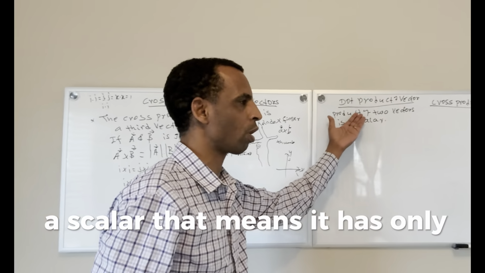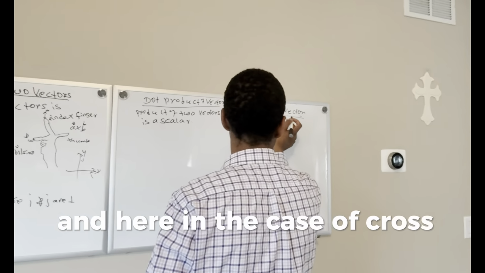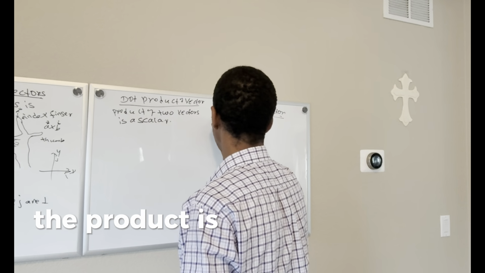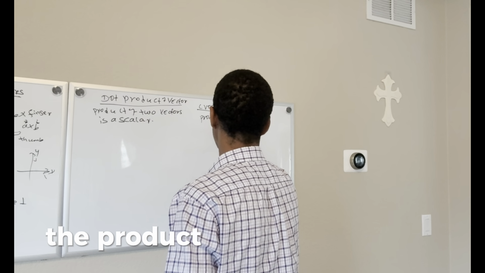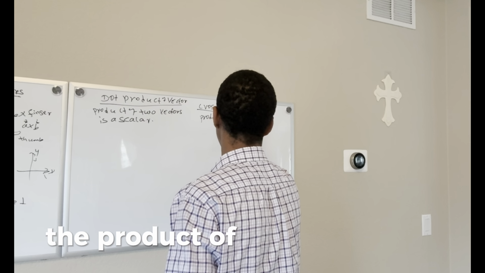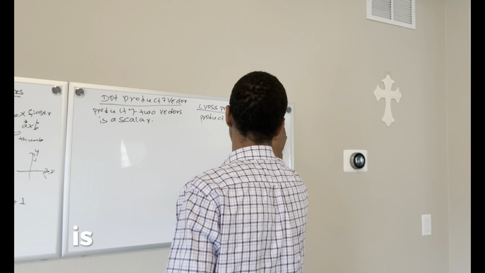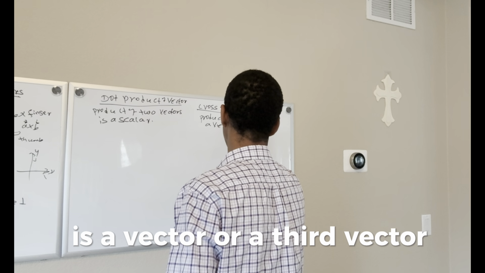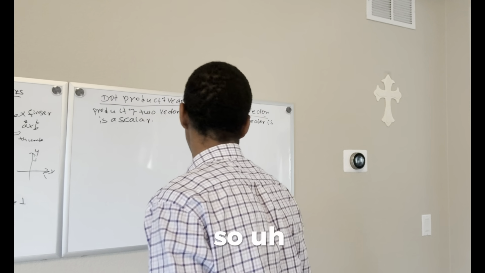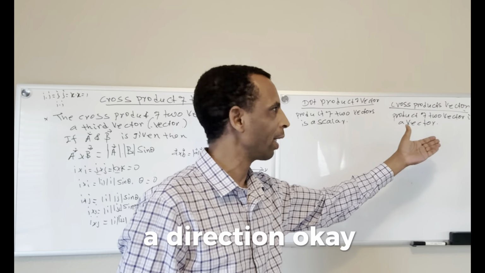That means it has only magnitude, but not direction. And in the case of the cross product, the product of two vectors is a vector, a third vector. So in this case, there is a direction.